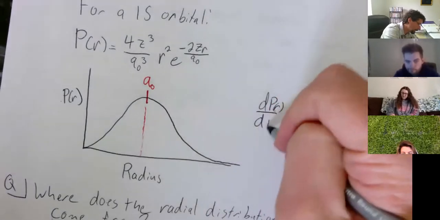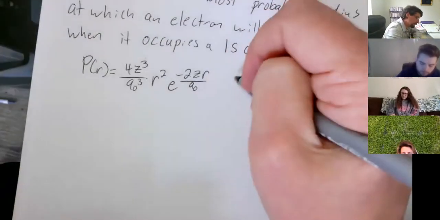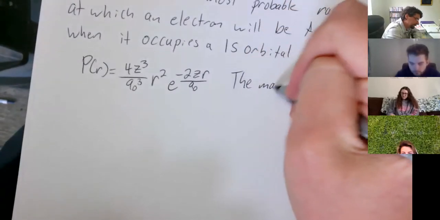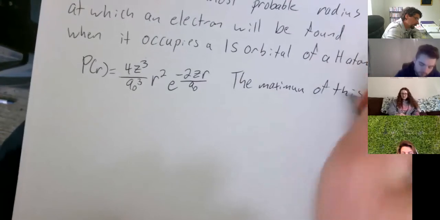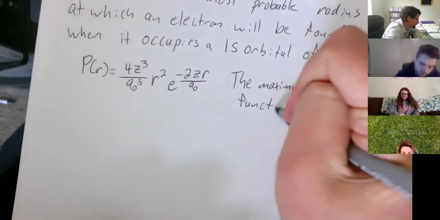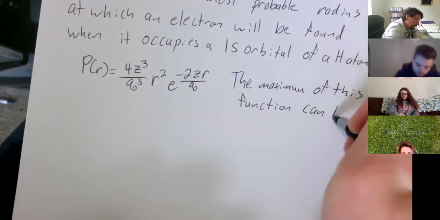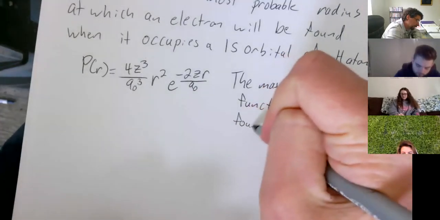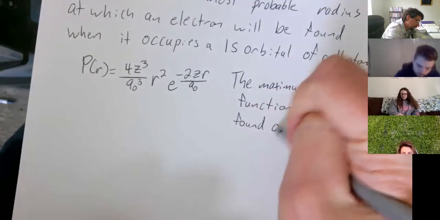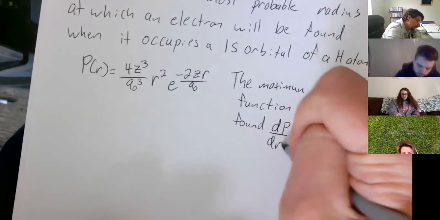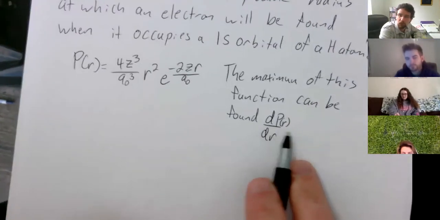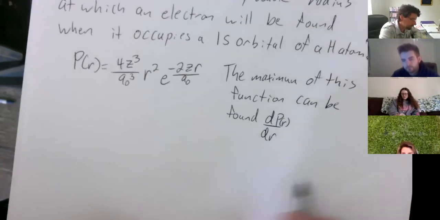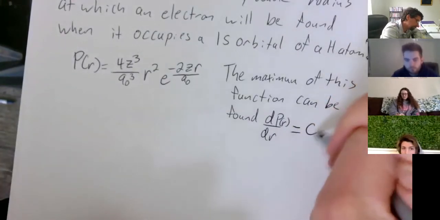Yep, r. So the maximum of this function can be found where dP/dr, and if we're looking at that maximum, what should the value of this be equal to? 0. Yep.